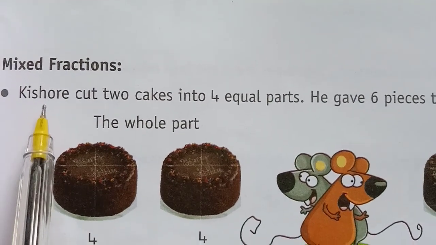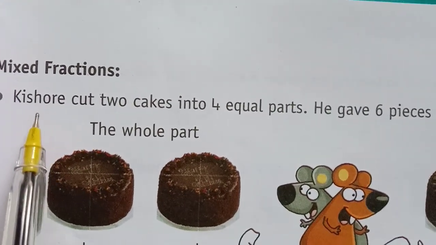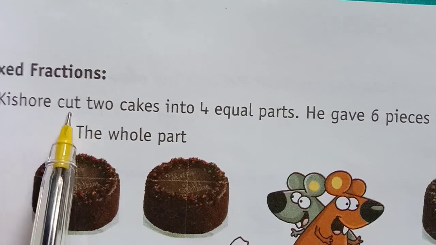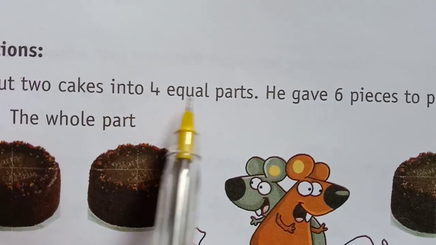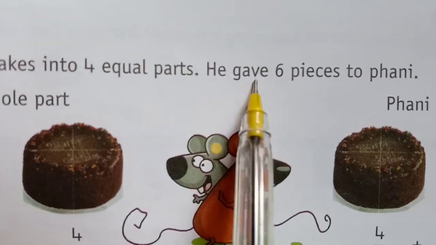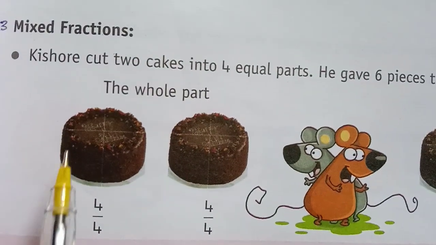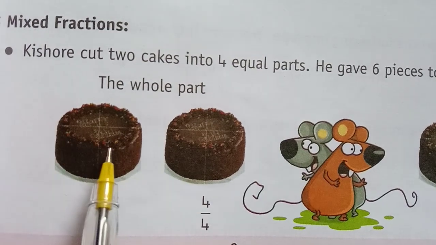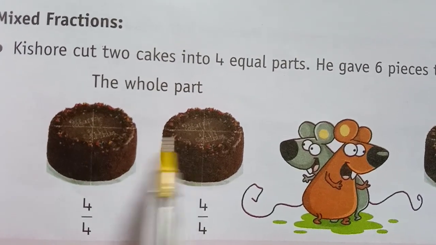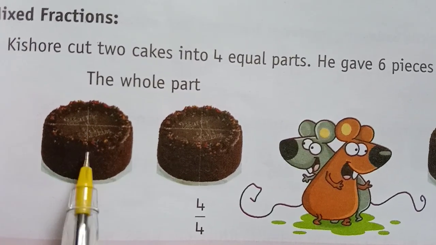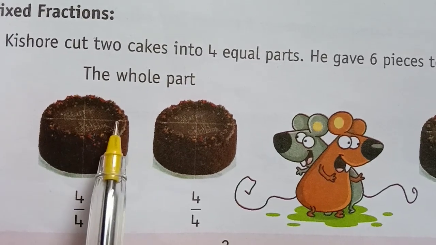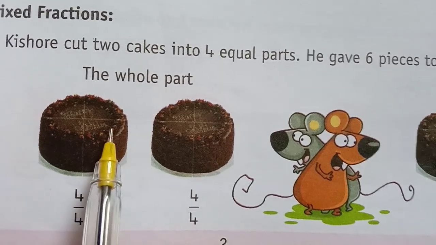So one simple example: Kishore cut 2 cakes into 4 equal parts. He gave 6 pieces to Funny. So here Kishore is taking 2 cakes and each cake he is making into 4 equal parts.